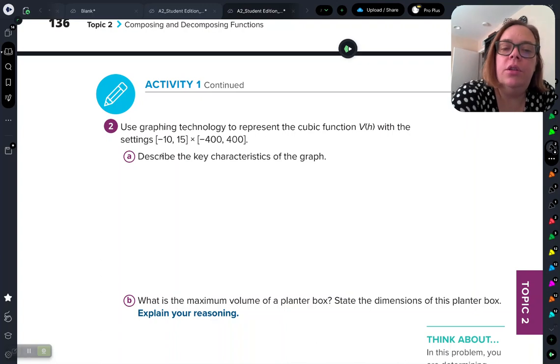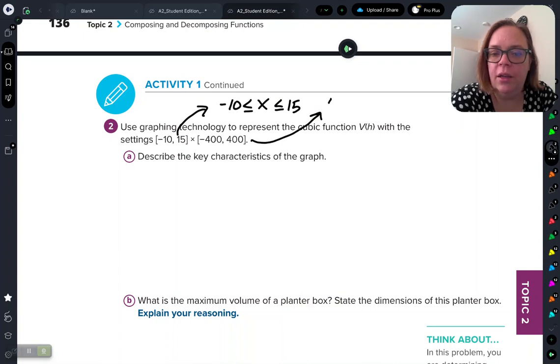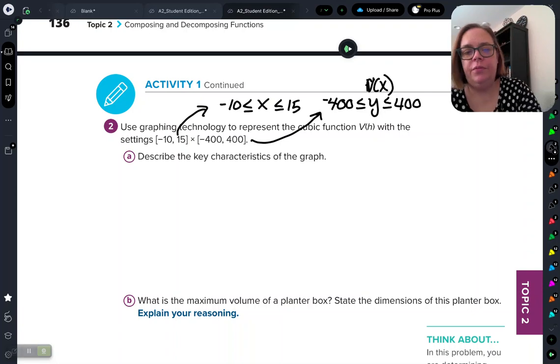Just to remind you, this is interval notation. It's saying x should be between -10 and 15, and y should be between -400 and 400. Or instead of y, we could say V of x or f of x or whatever.